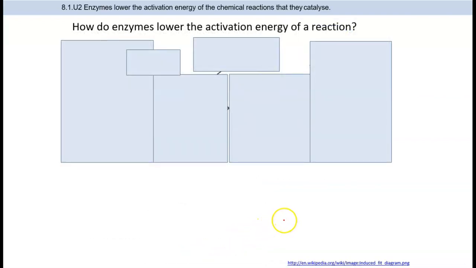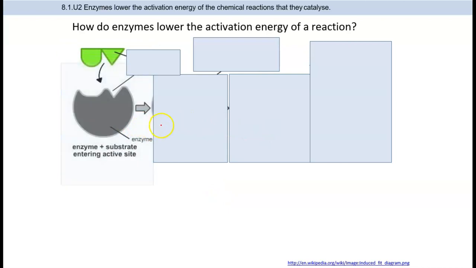How do enzymes lower the activation energy of a reaction? We can go step by step. First of all, the enzyme will match to the substrate, and there is an active site. So there will be the enzyme substrate combination.